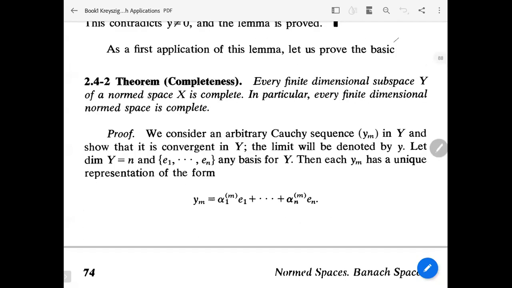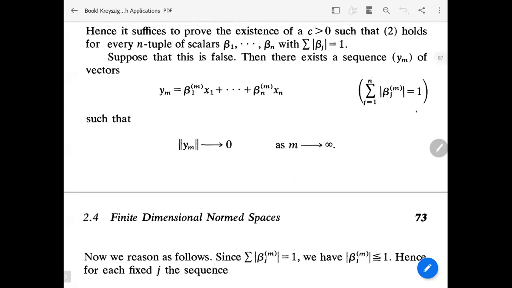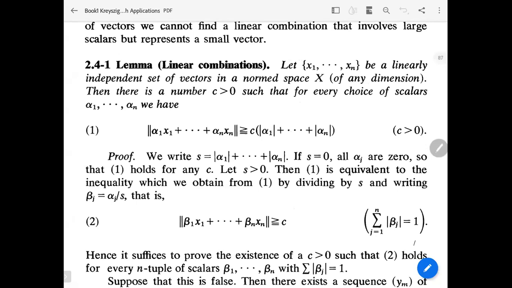So this lemma actually provides the opportunity to see that finite dimensional norm spaces are very similar to finite dimensional Euclidean space. Alpha 1, alpha 2, alpha n are scalars, so you can use the results in Euclidean space to prove these results.